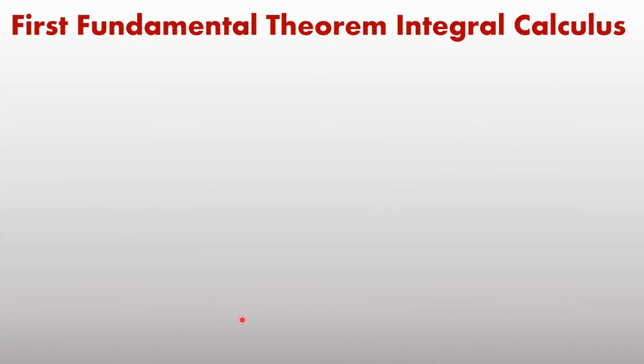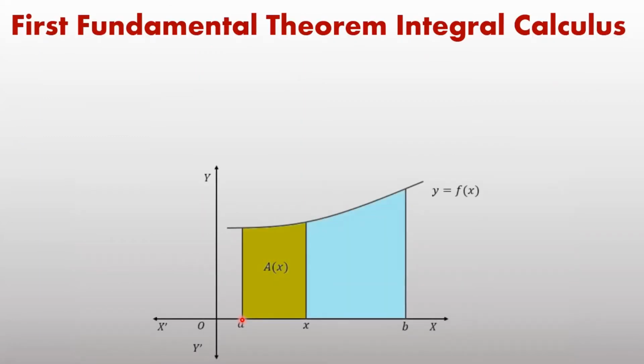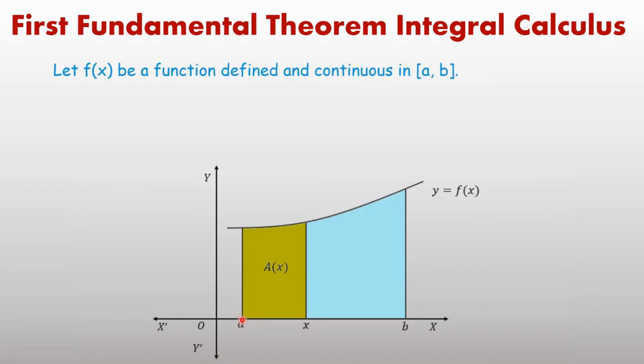The first fundamental theorem of integral calculus is given as: let f(x) be defined and continuous in the closed interval [a, b]. It is a function defined and continuous from x equal to a to x equal to b.